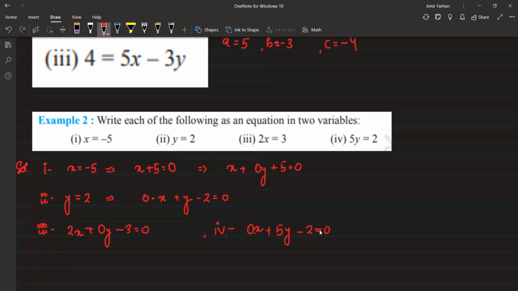So tell me, Simrat, write all the coefficients A, B, C of all the examples in your copy. Fast. A, B, C. A is equal to 2.